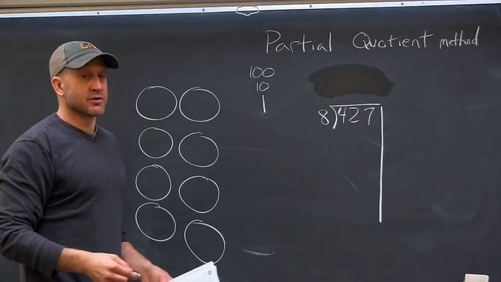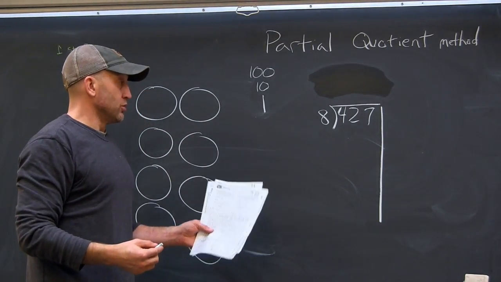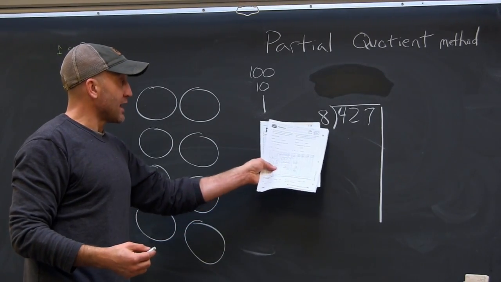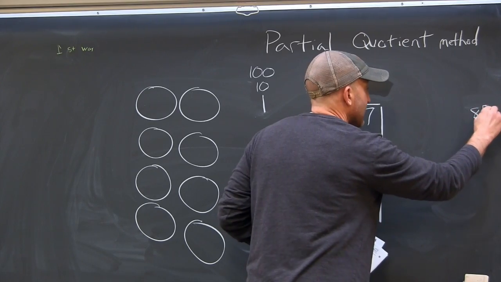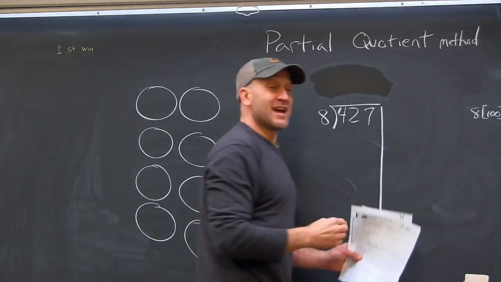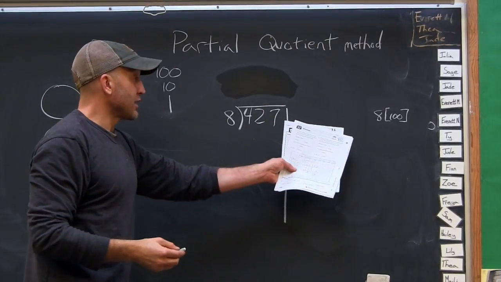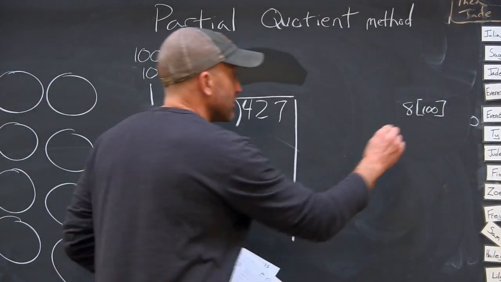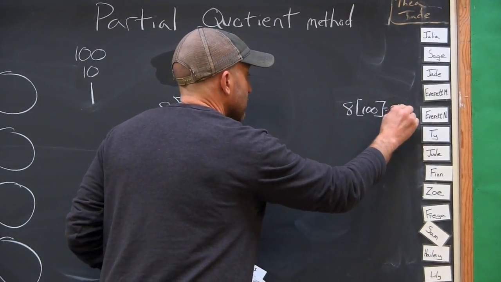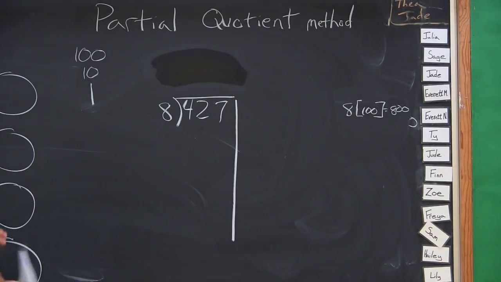And we always start with hundreds because that's the biggest. So I'm going to multiply 8 by 100. I'm just going to do it off to the side because right now I'm just testing what can go into 427. When I do 8 times 100, obviously I get 800, and I can see that that's too big. So I'm not going to use hundreds.